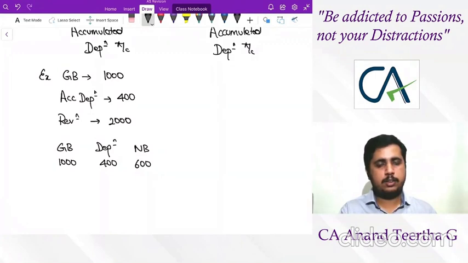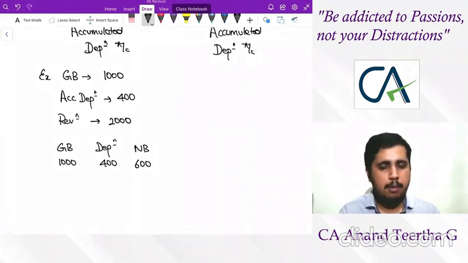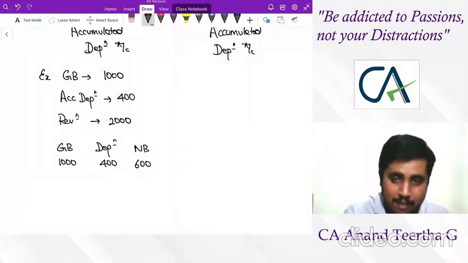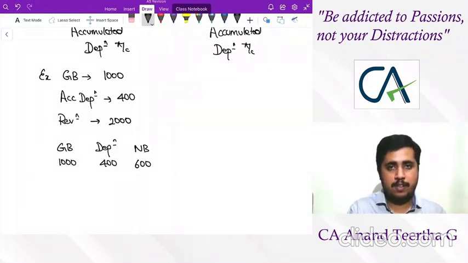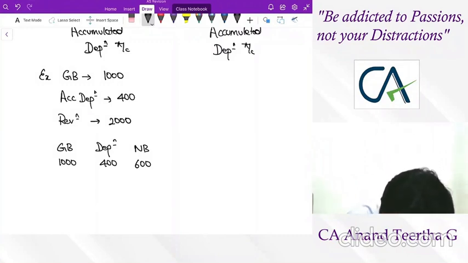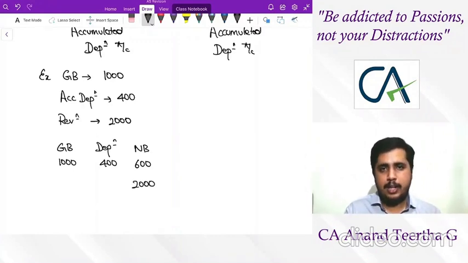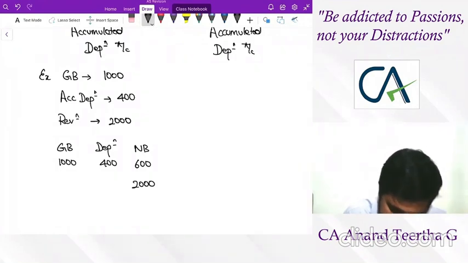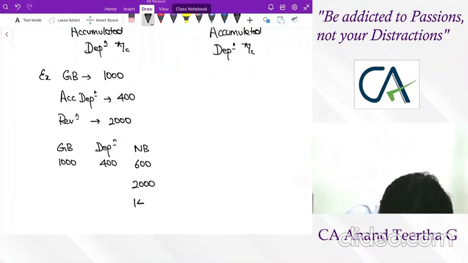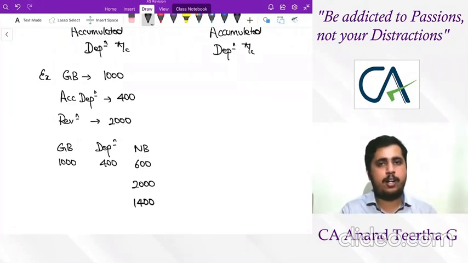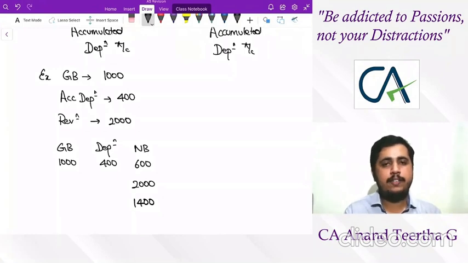Now after revaluation, the value of the asset is 2000. In that case, the net block itself is 2000. How much increase is happening to net block? The total increase happening to net block is 1400.